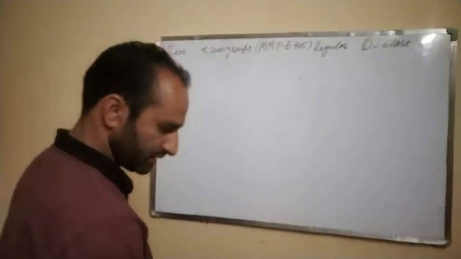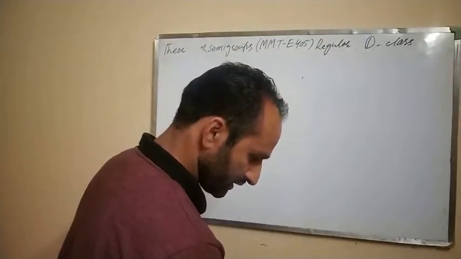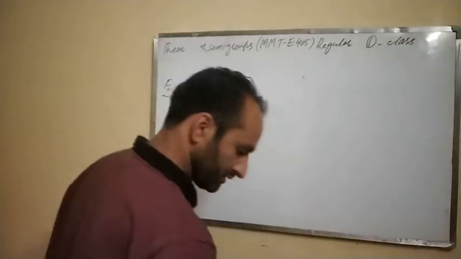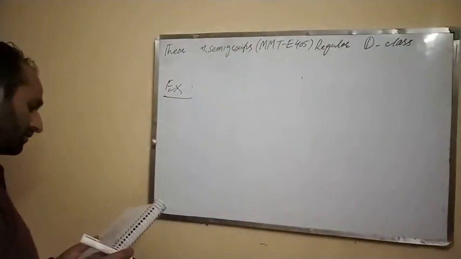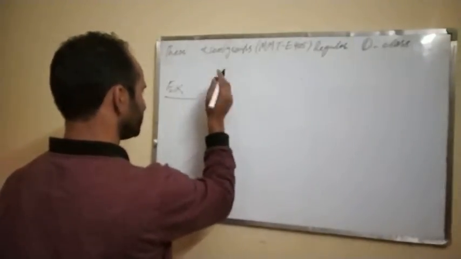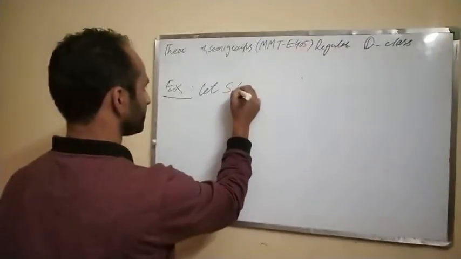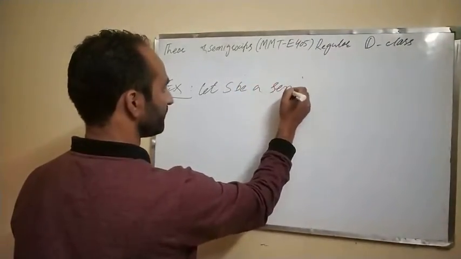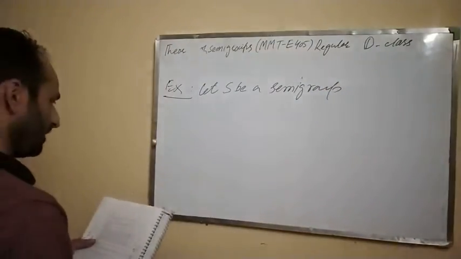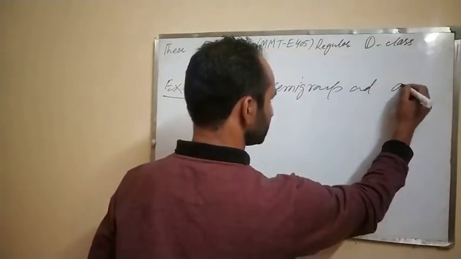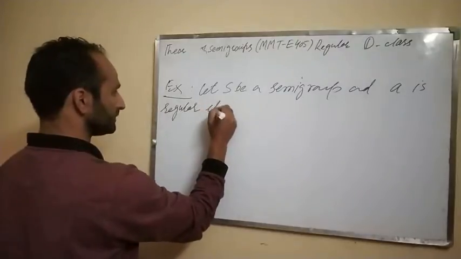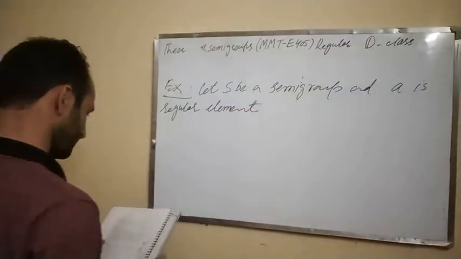Now, first exercise: let S be a semigroup, and let A be a regular element.